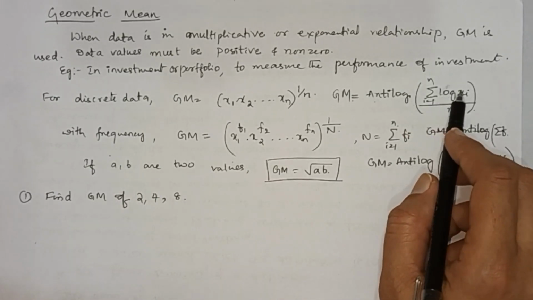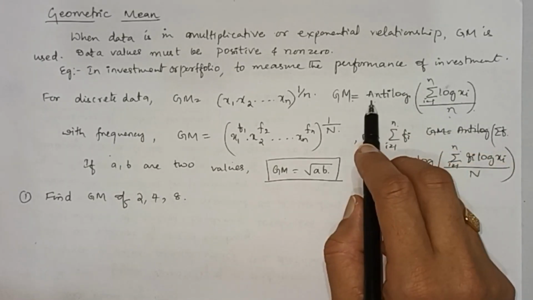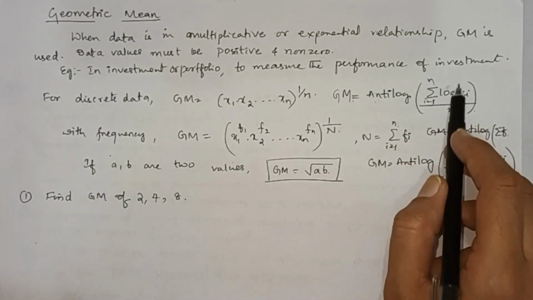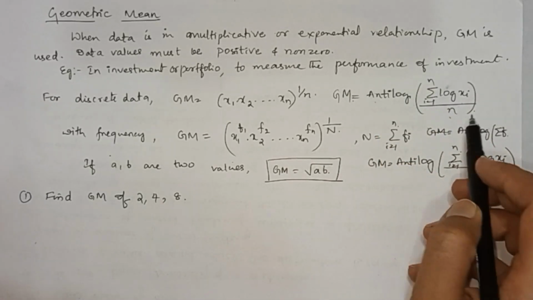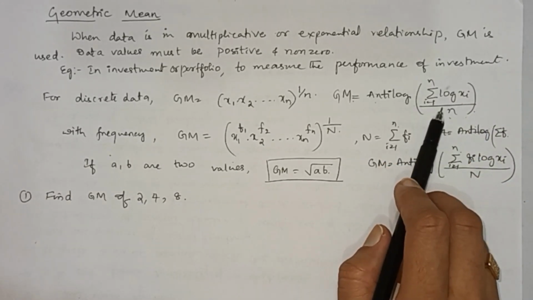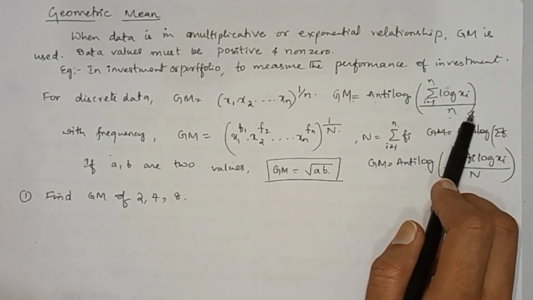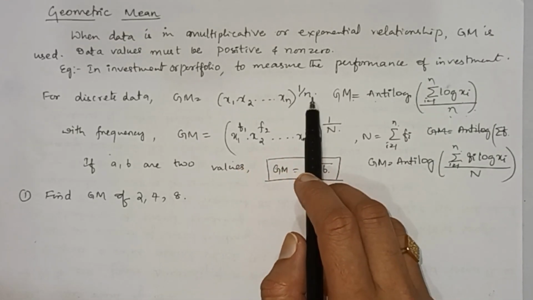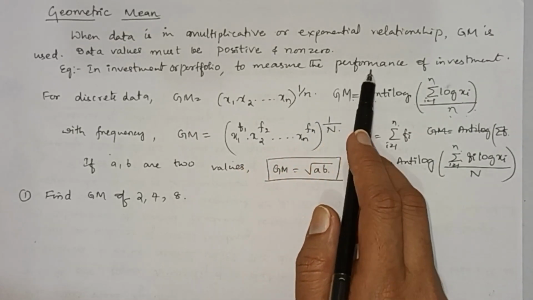Log means log to the base 10, and antilog means you can take it as 10 to the power of this value. This is used when you have a large number of observations, because raising to the power 1 by n becomes huge to calculate.